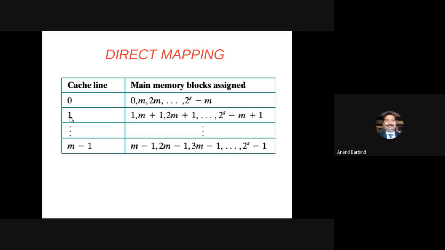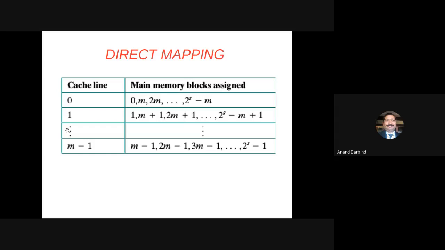So this cache line 0 is shared by main memory blocks 0, 10, 20, up to 90. So 10 blocks share this particular cache line, and only one of these 10 blocks can be there in the cache line at a time. In a similar way, one of the blocks 1, 11, 21, up to 91 can be at cache line number 1. These blocks cannot be transferred anywhere but to this particular line.